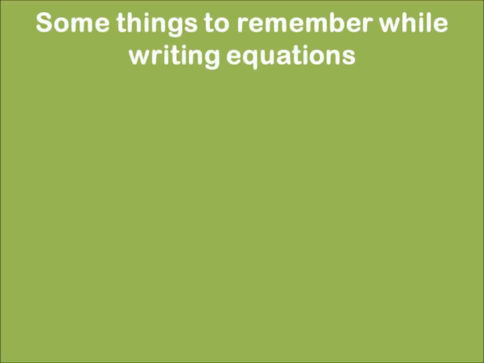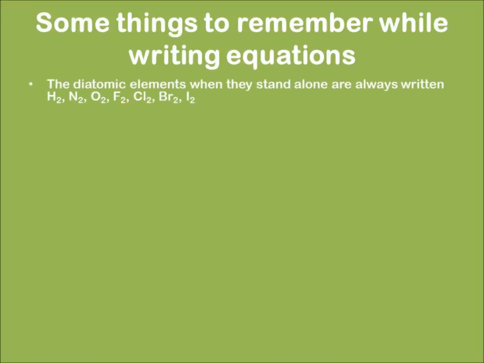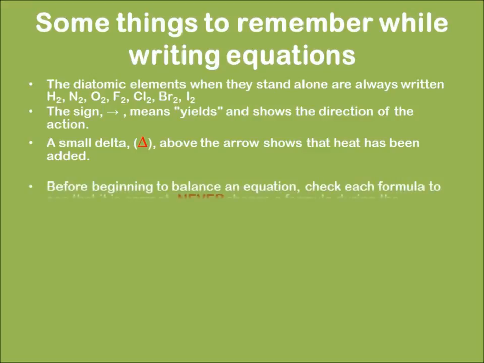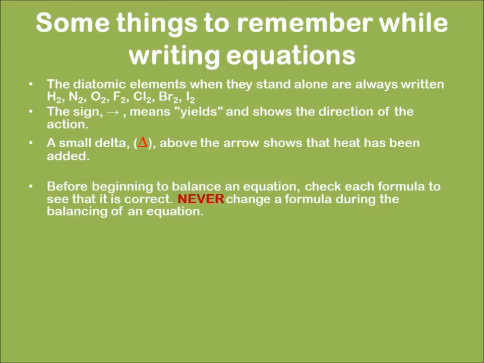Now, there are some things to remember while writing down a chemical equation. In case of diatomic atoms, they have to be shown as a standalone molecule. The sign of an arrow represents the direction of action of the equation. A small delta above the arrow shows that heat has been involved in the reaction. One must ensure that we never change the formula while writing down the equation.